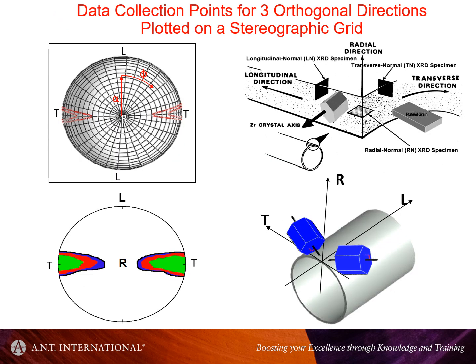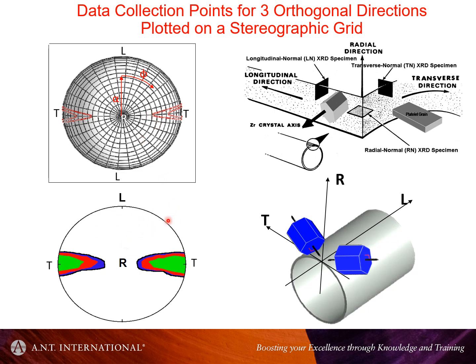For a component that might be a pressure tube or a fuel cladding, a fuel pin or fuel rod, I've shown an example here of how this is often displayed. If we represent the intensities of the volume fraction of the different grains in terms of a contour map, green here being high values and blue being lower values, and basically no values here.